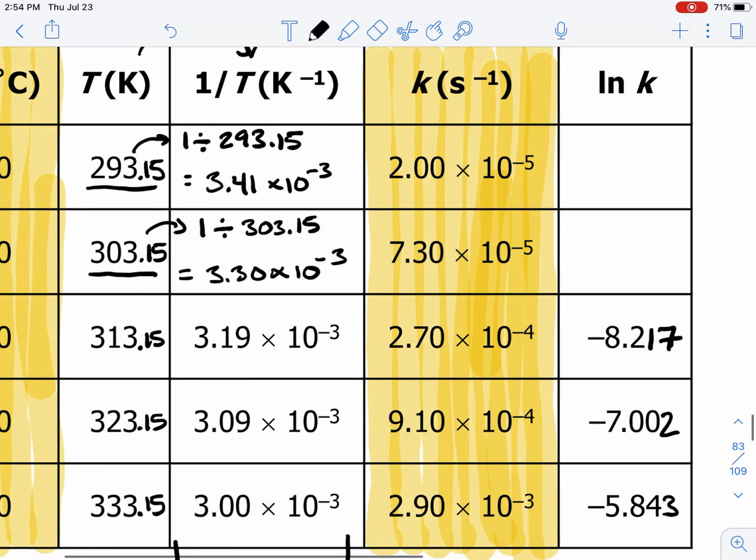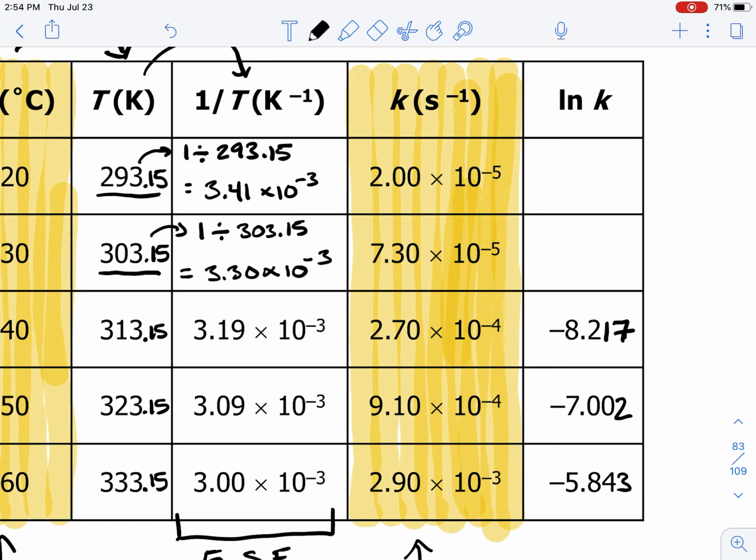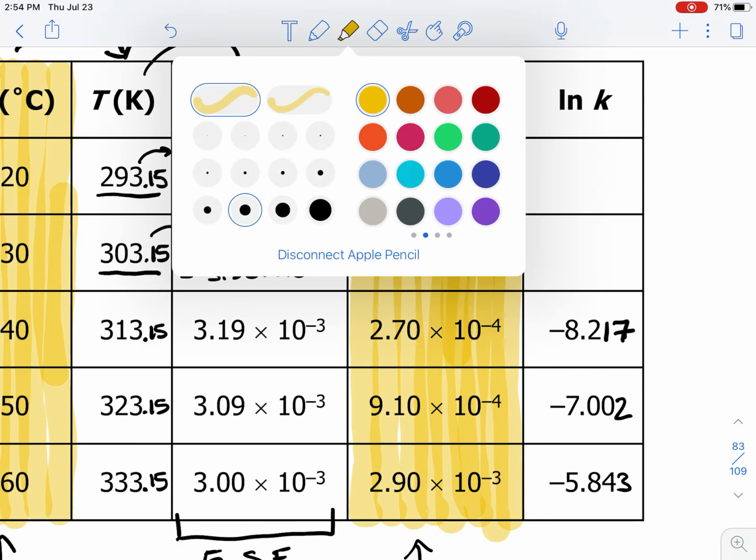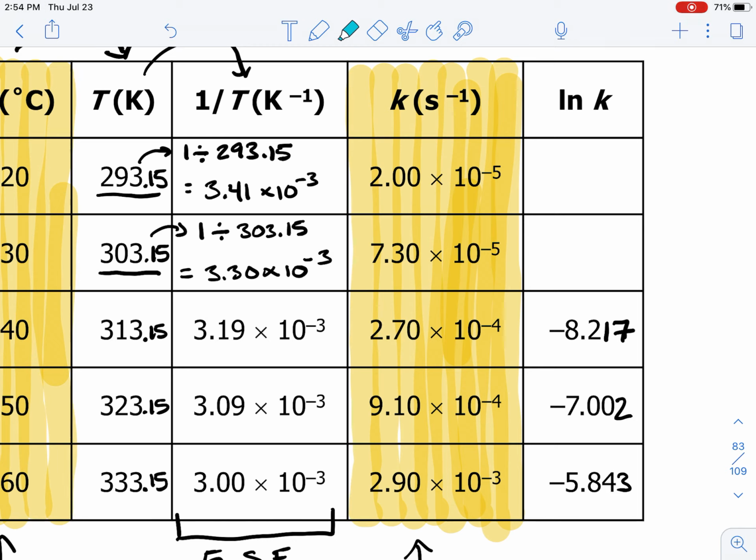All right. And so once you guys have converted all temperature values into the reciprocal of Kelvin, this is going to represent, I'll do this in blue, the values that you're going to use to plot the straight line.